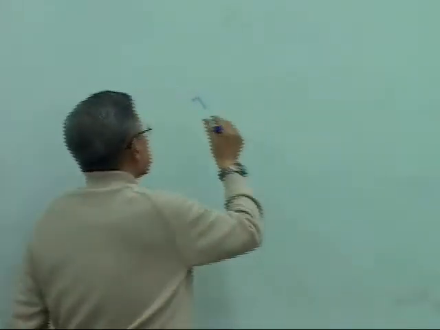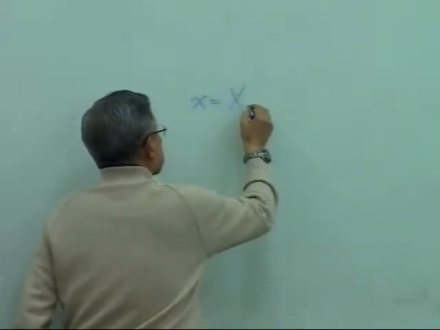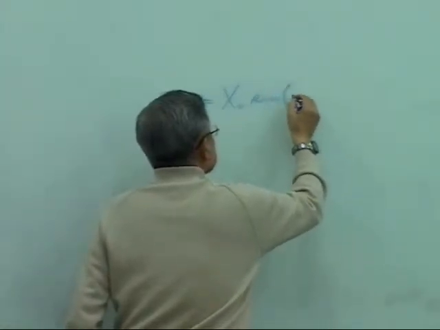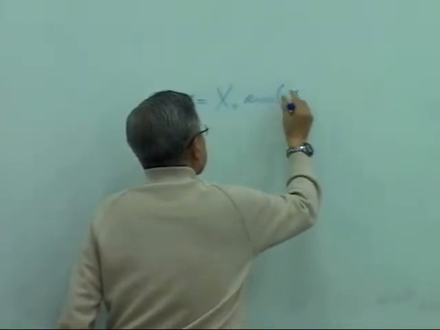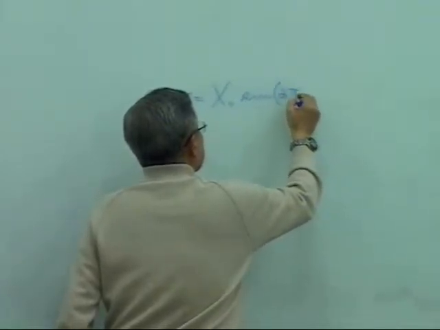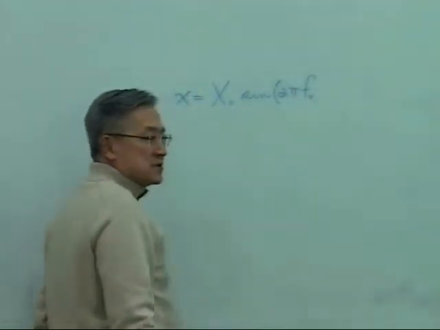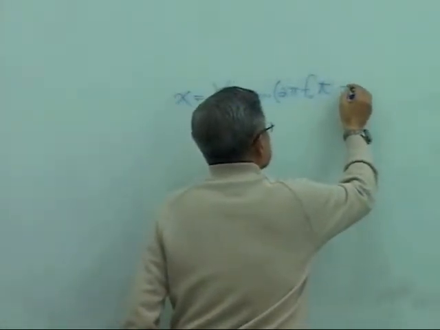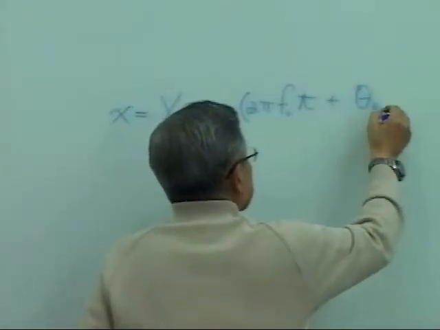So, for example, I use x is equal to x naught sine omega t. Omega is 2 pi f, or if it's fixed, it's f naught t, plus usually theta.